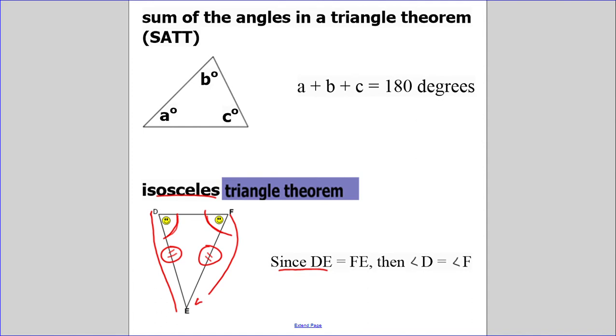And then we can use that sum of the angle in a triangle theorem. If we know angle D and angle F, then we can figure out angle E, because 180 subtract those two would give me what that missing angle would be.